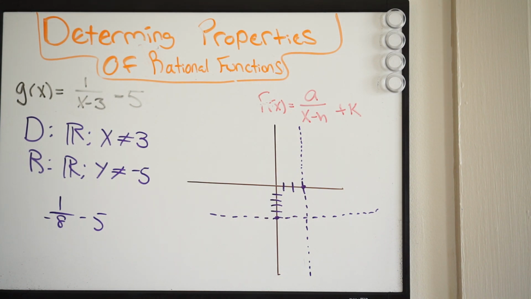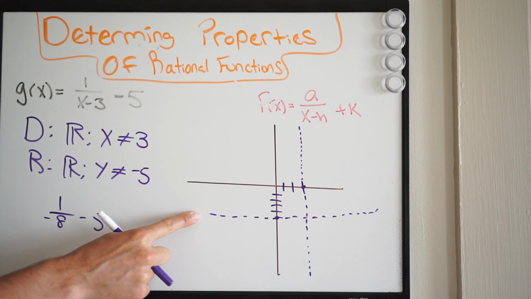So let's go ahead and do this on our calculator. And again, if you had a graphing calculator, you could always just graph it and then sketch it in, but if you want to do it by hand, you can do it like this as well. And we get negative 5.125. So when we plugged in negative 5, we got negative 5.125.